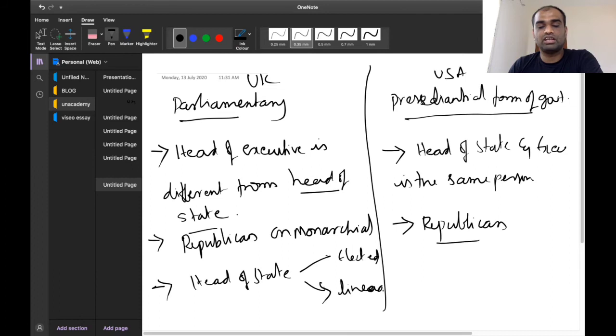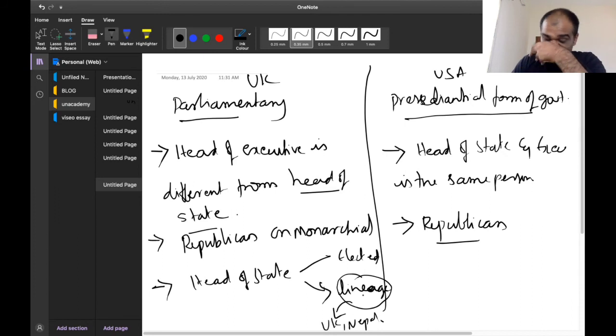In the case of a monarchy, it is selected by lineage. A number of countries follow this model, like the UK and Nepal. All these are monarchical countries where the head of state is a king, not a person who is elected.